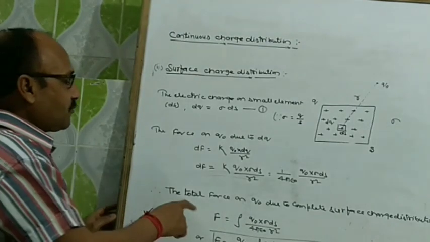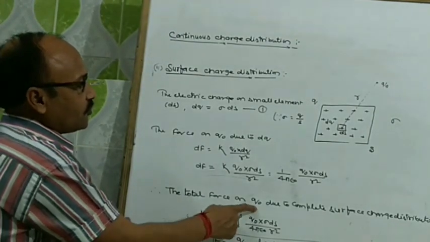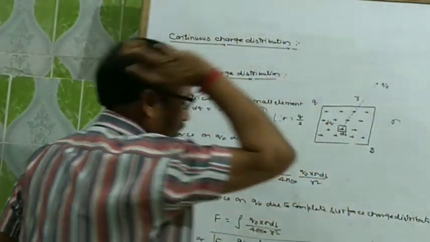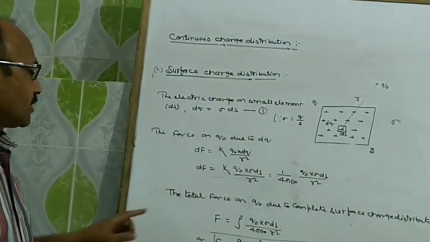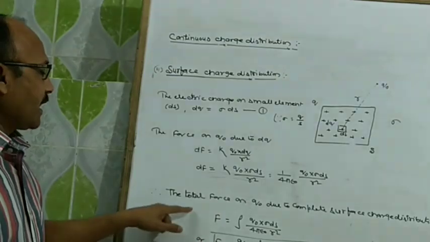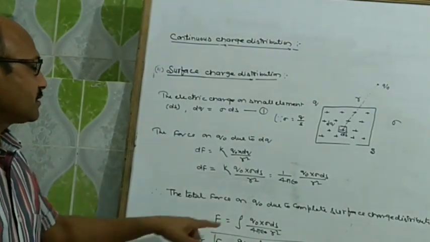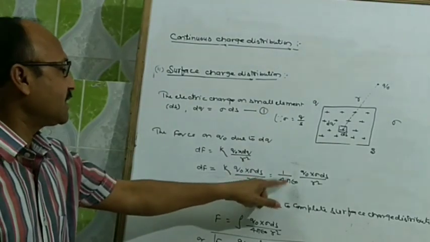After this, we have to find out the total force on q naught due to the complete surface charge distribution. So F will be equal to the total force, the integration of this. So we have to integrate this equation.